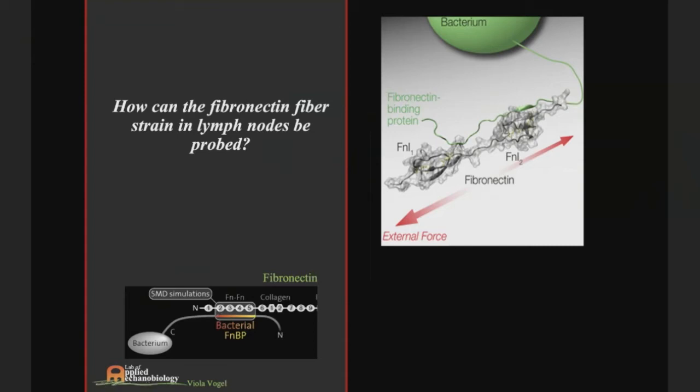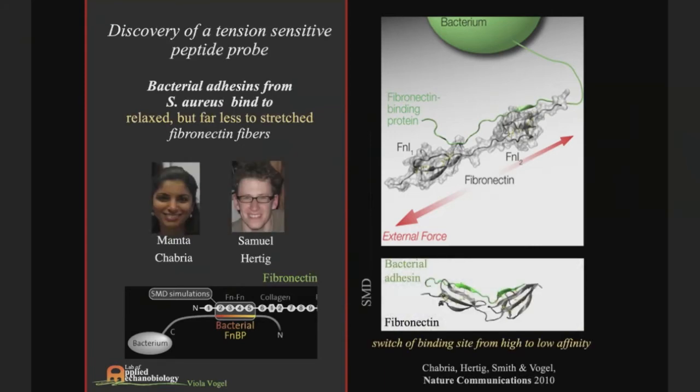The type 1, 2 was the one where IL-7 binds. But this peptide binds to several in a row, so it's a multivalent binding motif. And when we simulated that interaction, we saw that if you stretch the fibers, the bacterial peptide pops off.